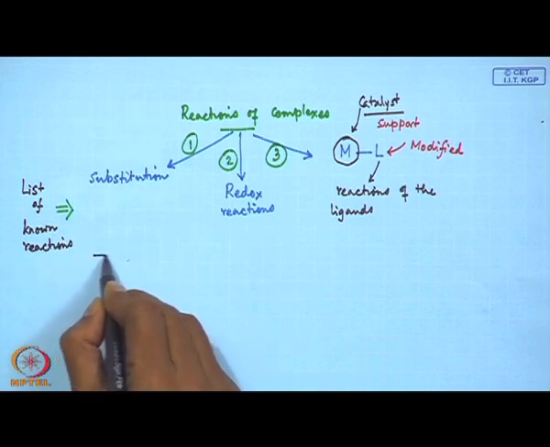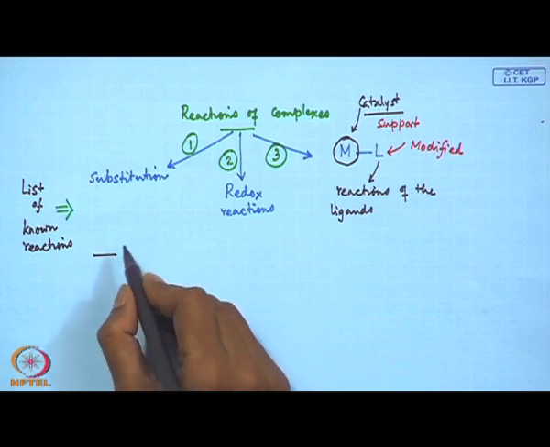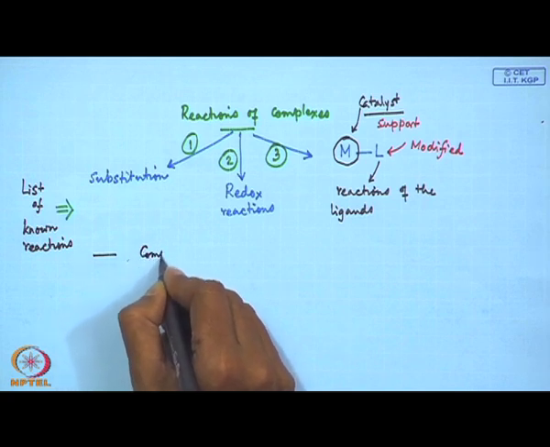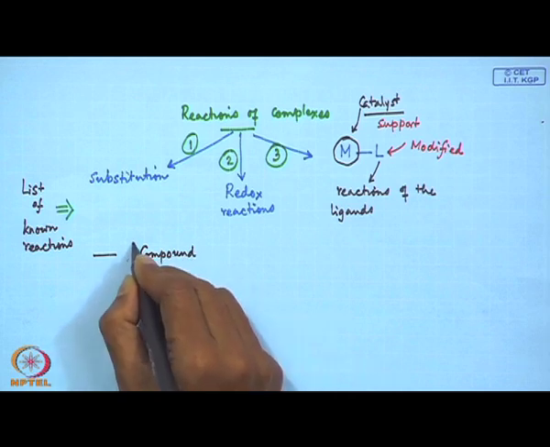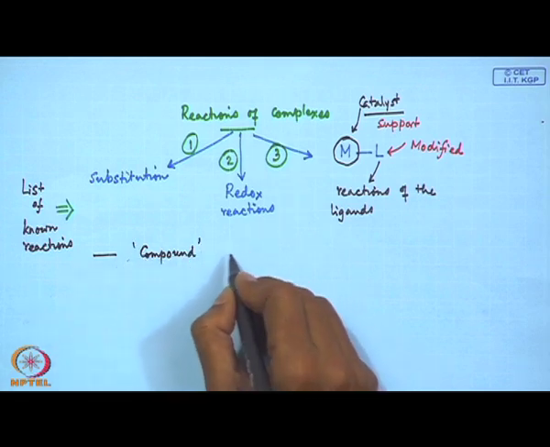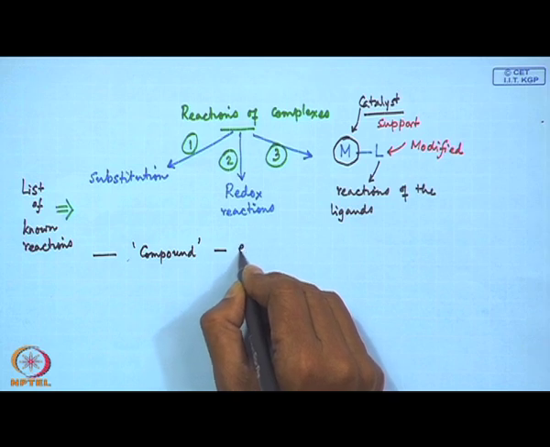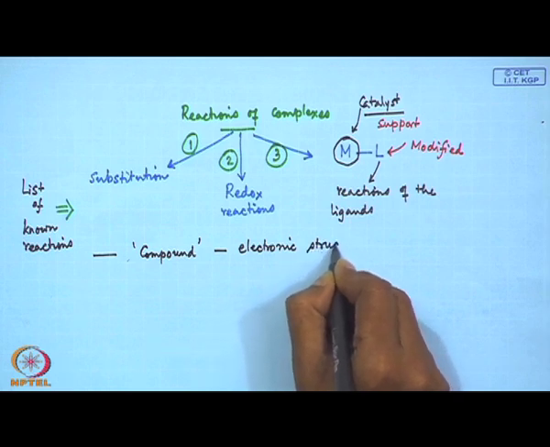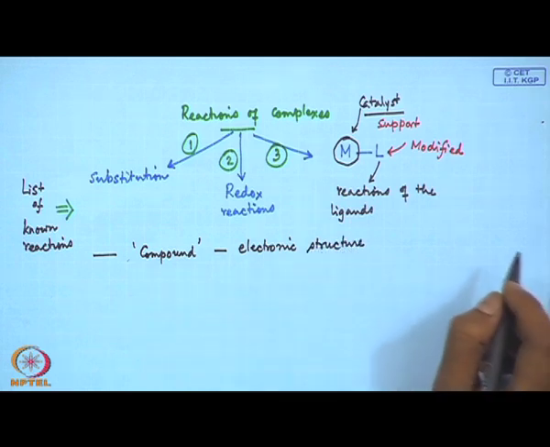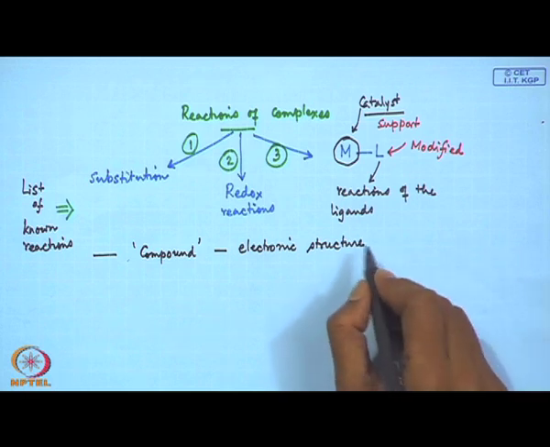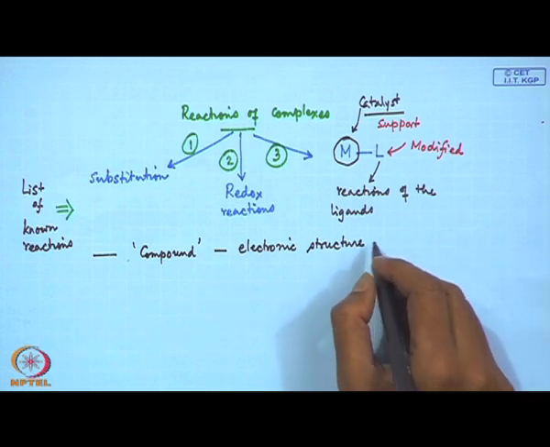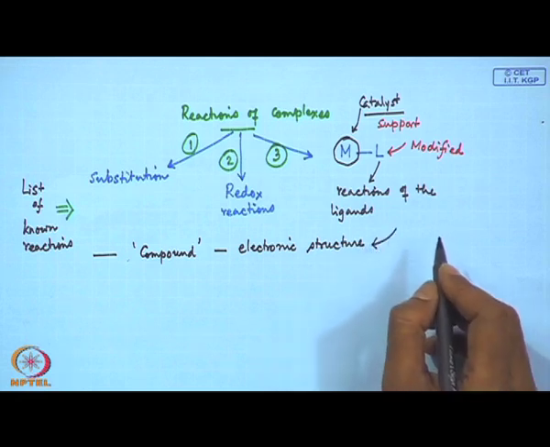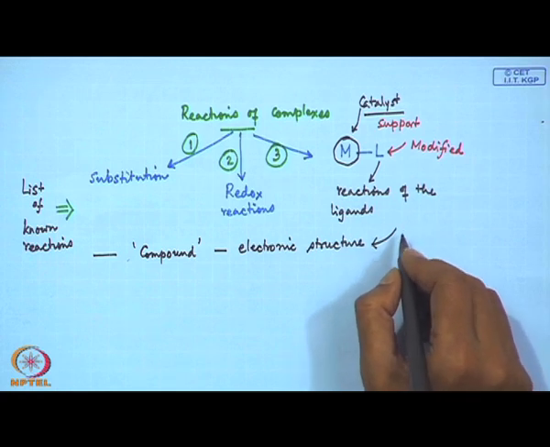And then what we want to understand is the electronic structure of the compounds and their interactions. So, if we have the complex or the compound and we want to understand the electronic structure of that particular compound, then only when we know this electronic structure can we have some information related to their interaction.